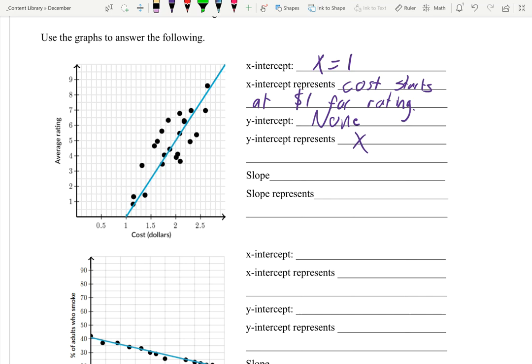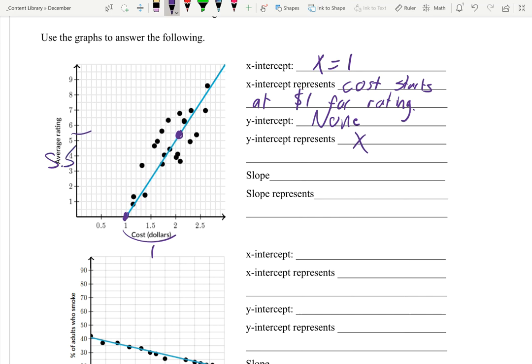Now, the slope of this line, we kind of have to interpret it the best we can. Let's pick a point. So at (1, 0) to (2, what looks like maybe 5.5). So that's an increase of 1 for the x-axis and an increase of 5.5 for the y-axis.